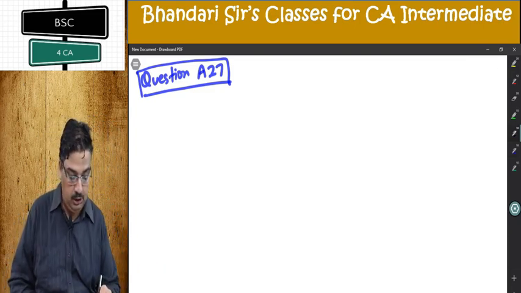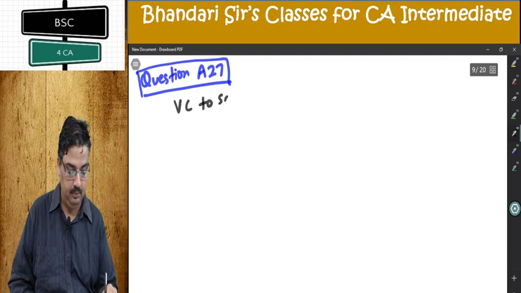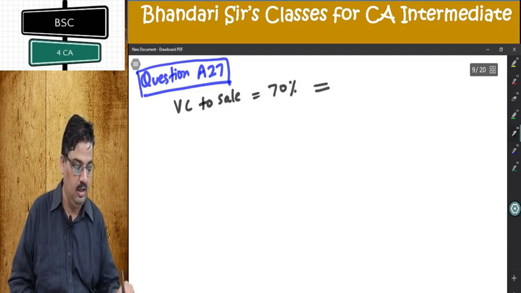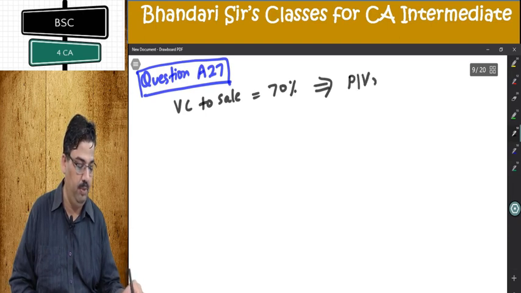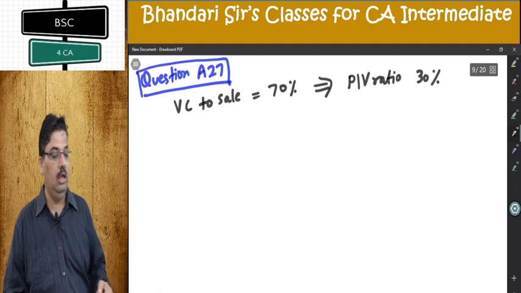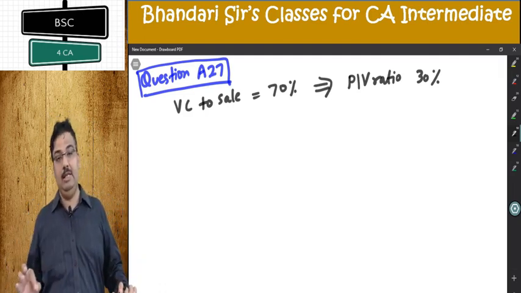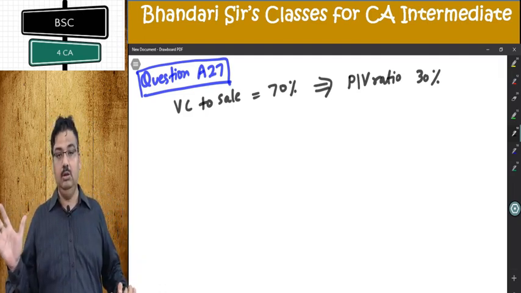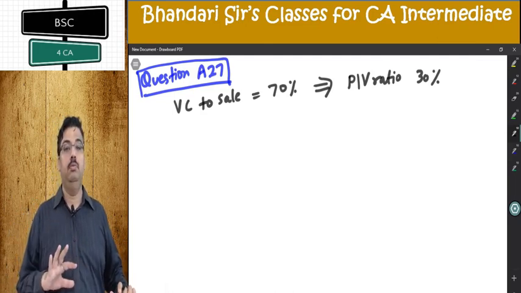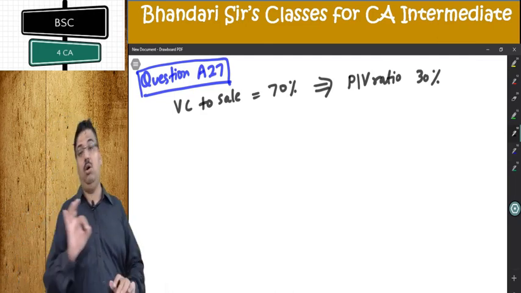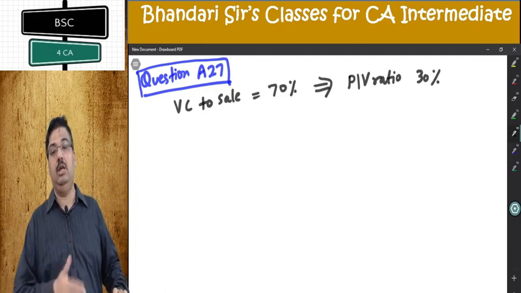Ratio of variable cost to sale 70%. This has big implication. PV ratio 30%. If out of 100 rupees selling price, 70 is variable cost, 30 is contribution. 30 of contribution on sale of 100 makes 30% PV ratio.